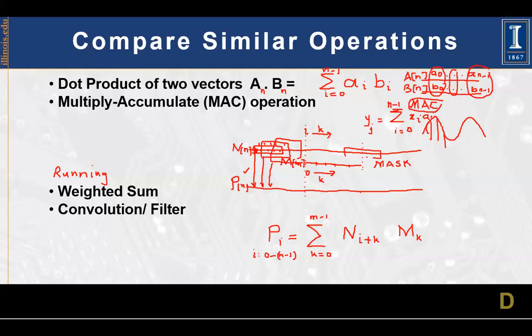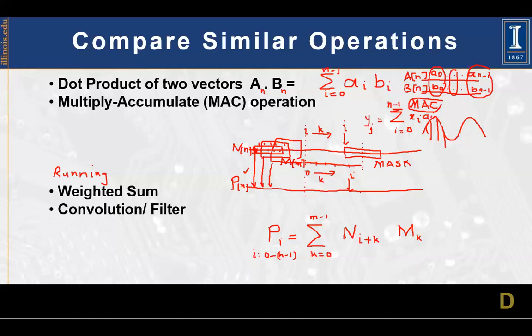This is my ith position, and I will carry out this weighted sum and place it in the output at the ith position. Here it is.